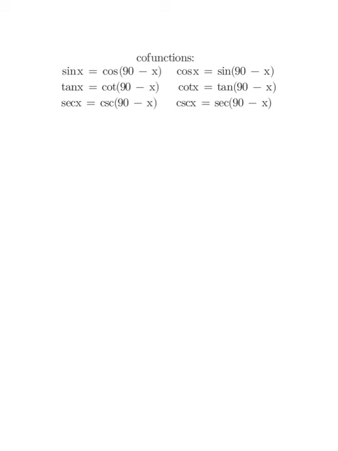So cotangent goes with tangent. Cosecant goes with secant. The other thing to remember about these is that the angles are complementary. So if you know one, then the other angle is 90 minus that. We are going to use this idea on our next problems.